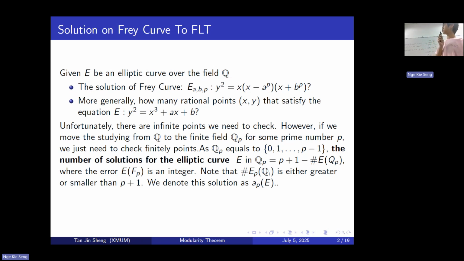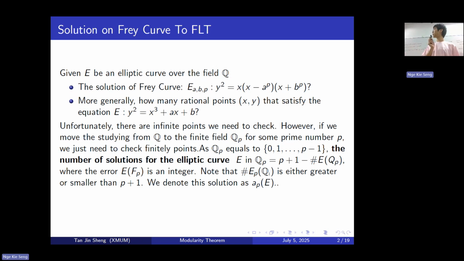Now we ask a more general question: how many rational points satisfy this equation? Unfortunately, there are infinitely many points we want to check. However, if we move the study into a finite field, then we only need to check finitely many points.